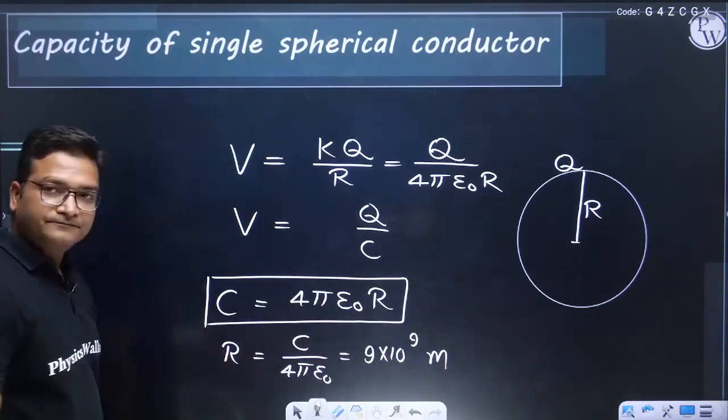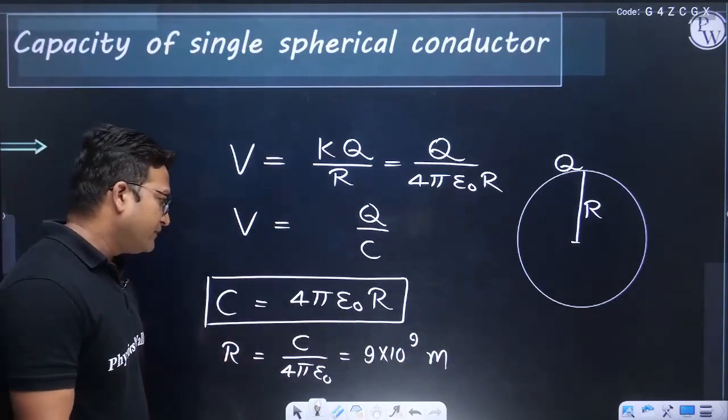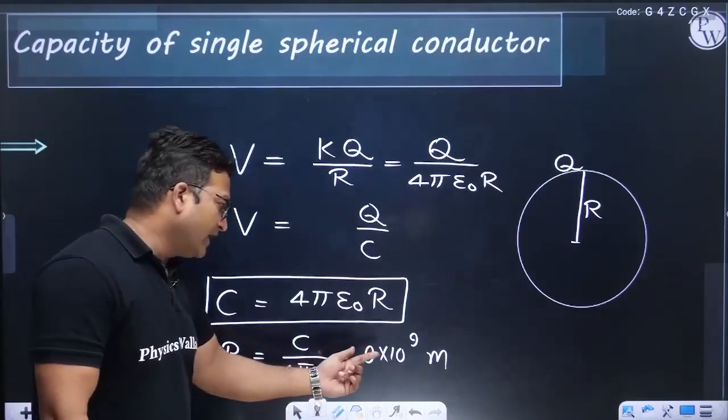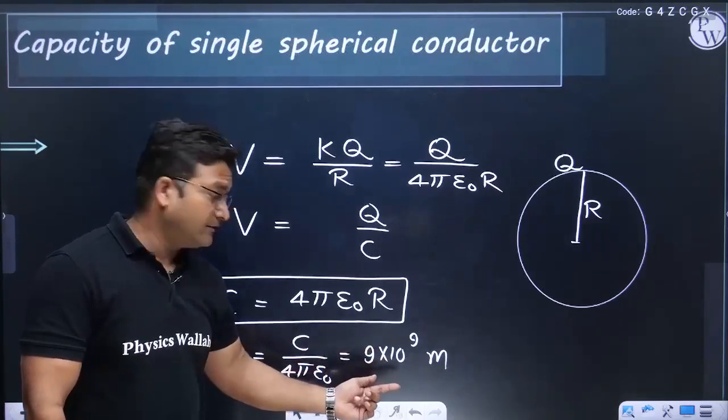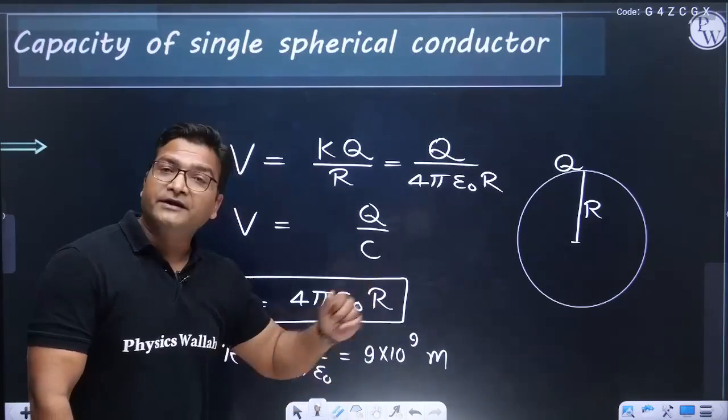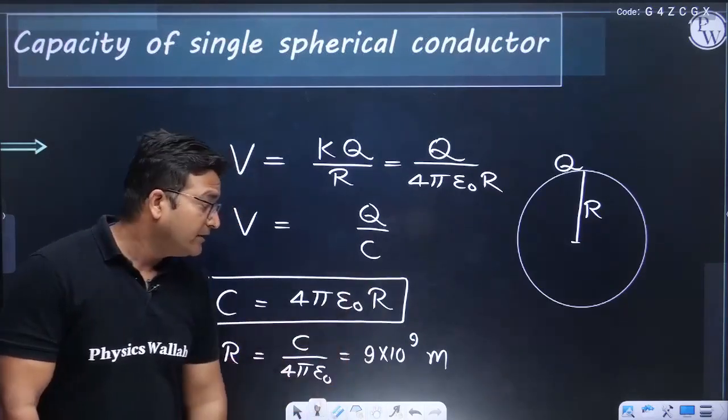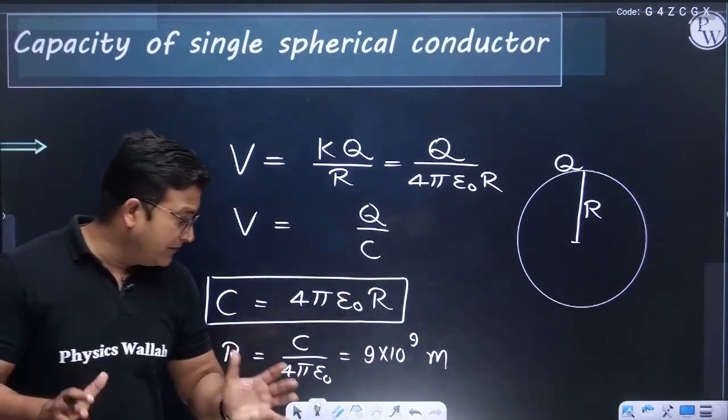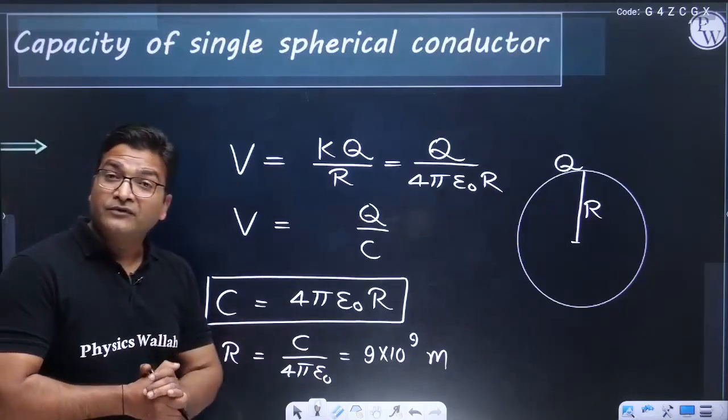It means a sphere of about 9,000 megameters, or 9,000 million meters, will have a capacity of 1 farad.